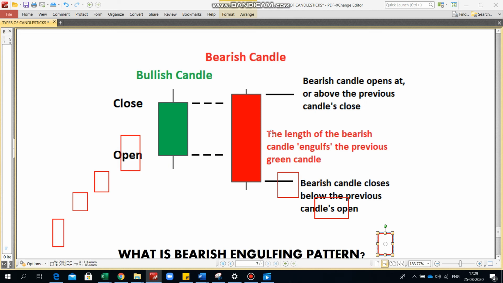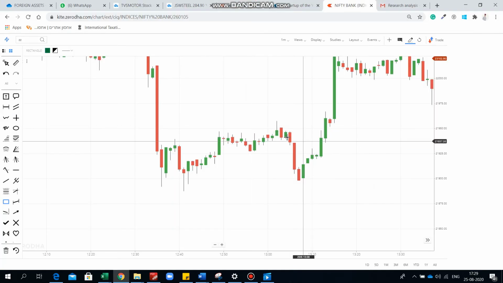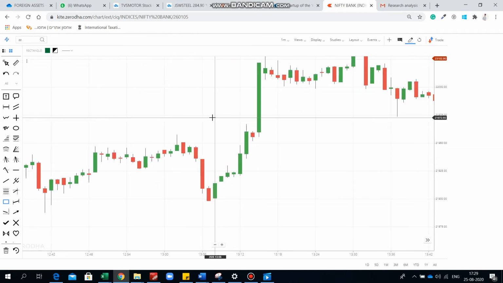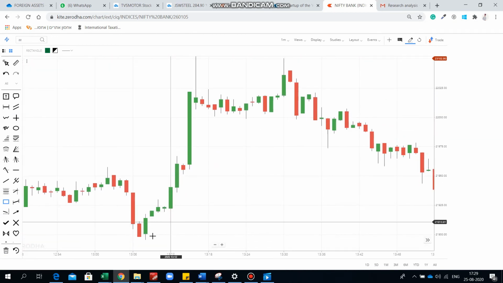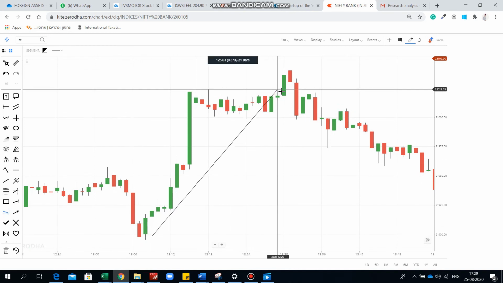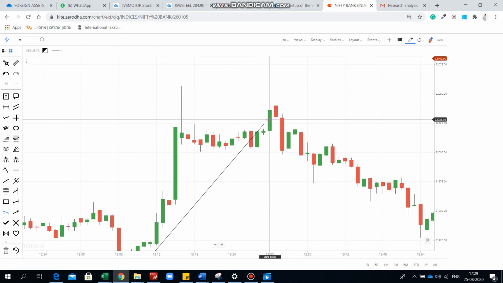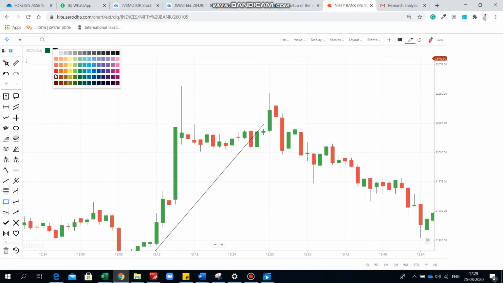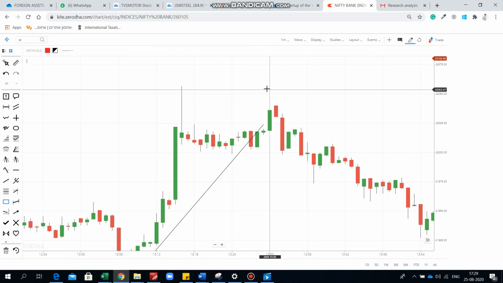I'll show you now in these charts. So I told you there should be a preceding uptrend, so let's consider this a good uptrend movement, and it went till here. This is the candle which is formed, and the next candle which will form is a big red candle eating this.